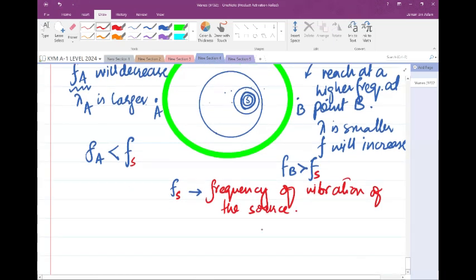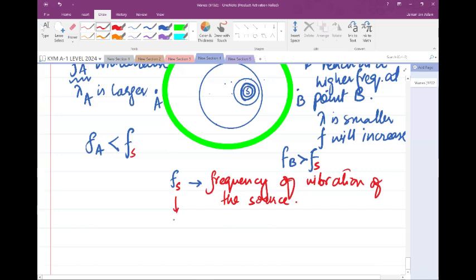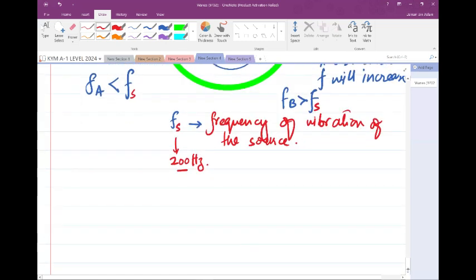That means, let's say the source is causing vibrations at 200 hertz, but the frequency that will be measured for point B towards which the source is moving is going to be greater than 200. And the frequency observed at A is going to be less than 200 because the source will be moving away from the observer A.